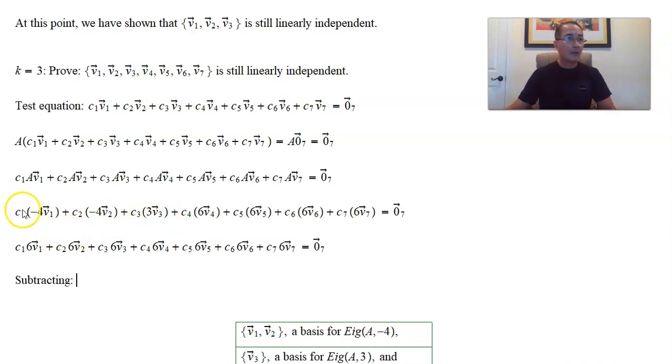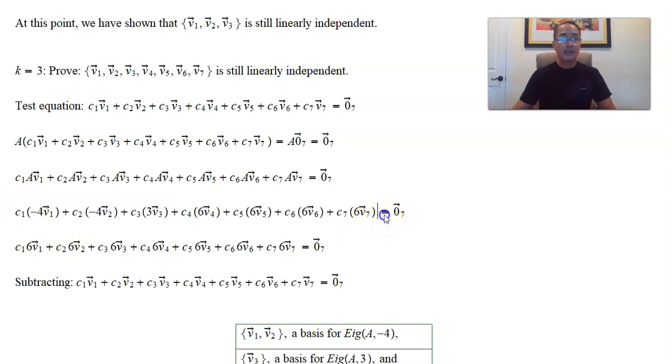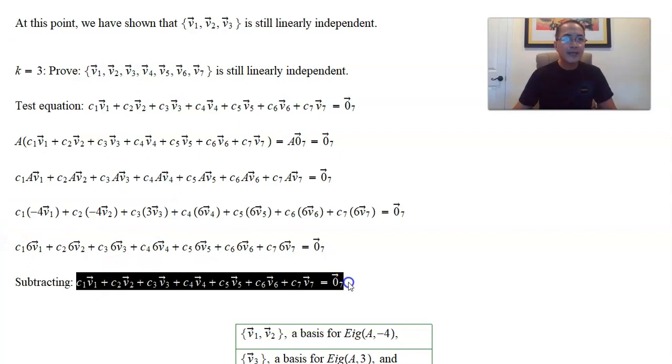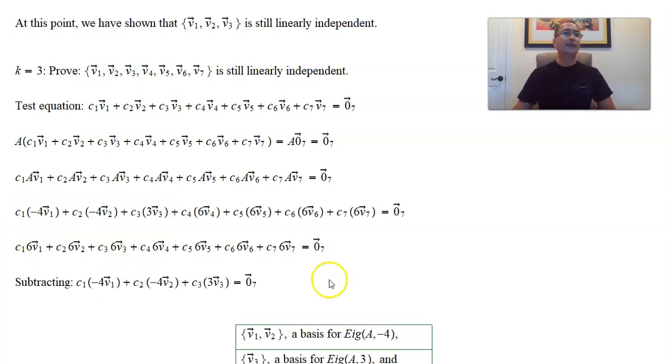So subtracting, we only get these 3 vectors have to sum up to the 0 vector. Oh, wait a minute, I again cut and paste fail. There we go. So 6 minus negative 4, that's now going to be 10v1, 10v2, and 10v3.